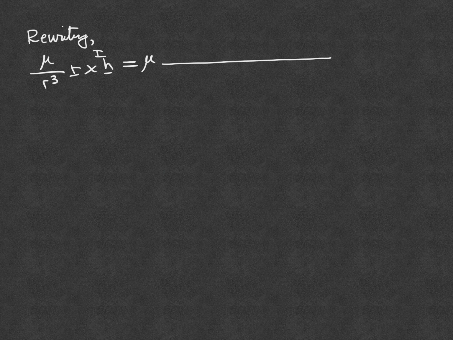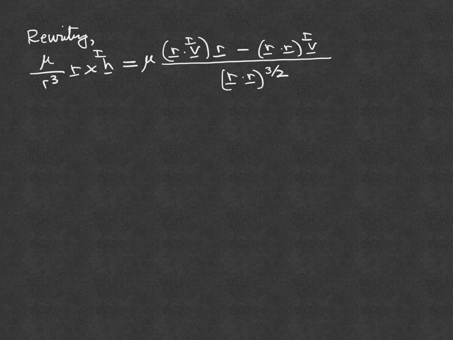So rewriting the last result from the last page, we have mu over r cubed times r crossed with hI is equal to mu times r dotted with vI times r minus r dotted with r times vI, all divided by r dotted with r to the 3/2. Now we're going to come up with an alternate expression.